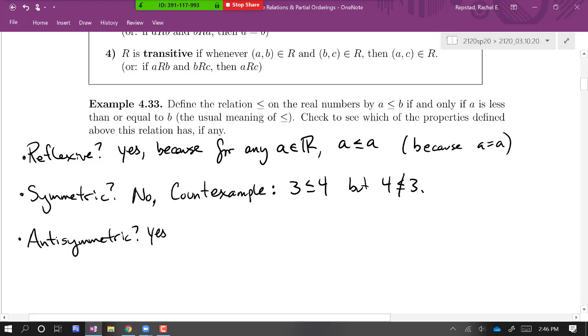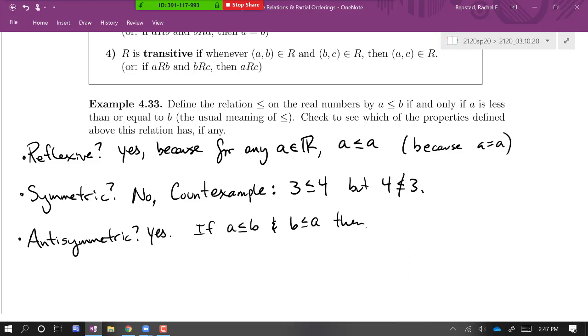And now we need to write something that works for all real numbers, right? So we can't just use an example, although an example can be a great way for us to get started thinking about it. If we think it's anti-symmetric, the way we're going to do this is just consider if A is less than or equal to B and B is less than or equal to A. Then, again, this is really a one-liner. These are just real numbers.